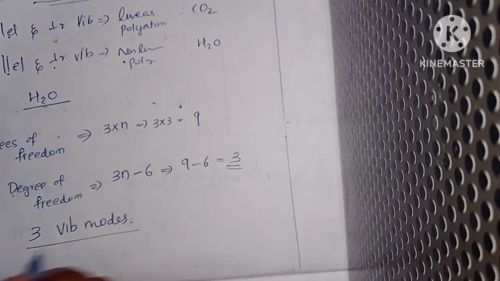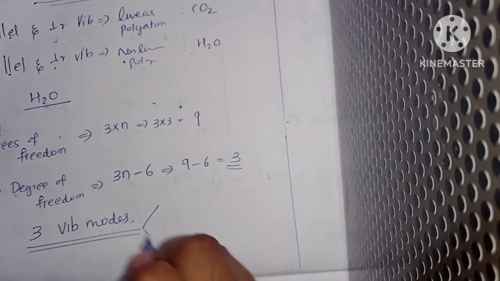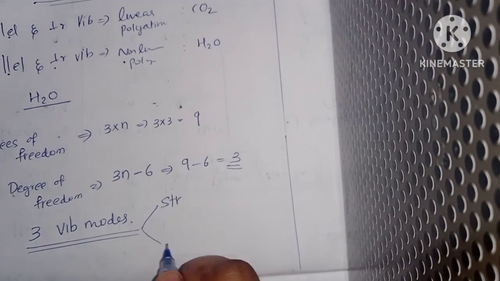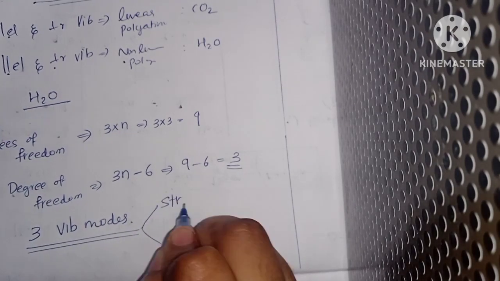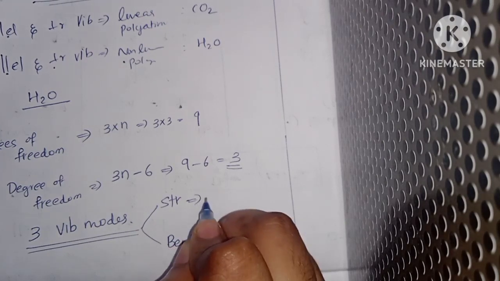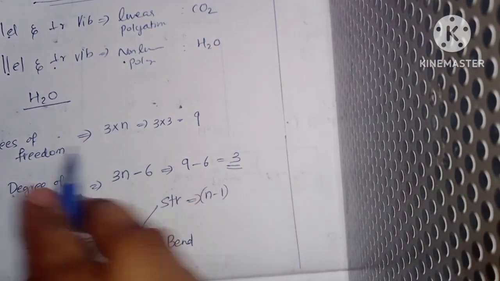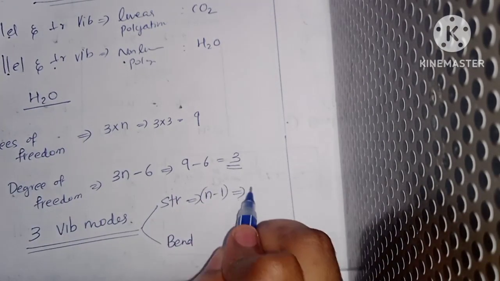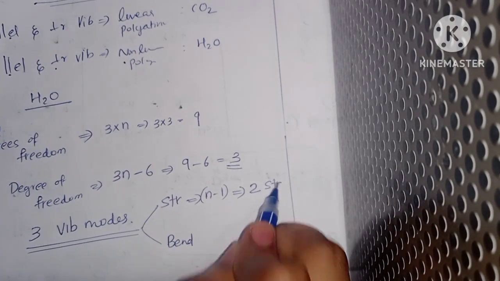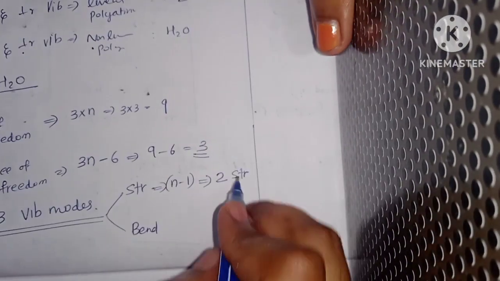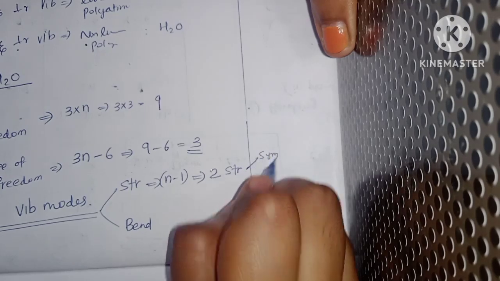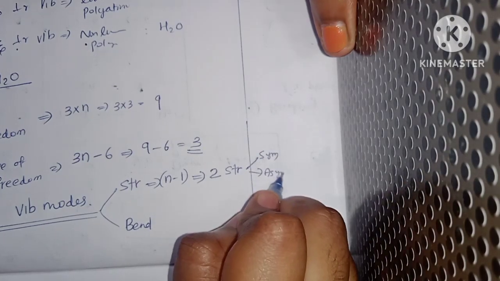There will be stretching vibrations and a bending vibration. The number of stretching vibrations is n minus 1, that is 3 minus 1, 2. So which are the 2 stretching? Symmetric and asymmetric stretching.